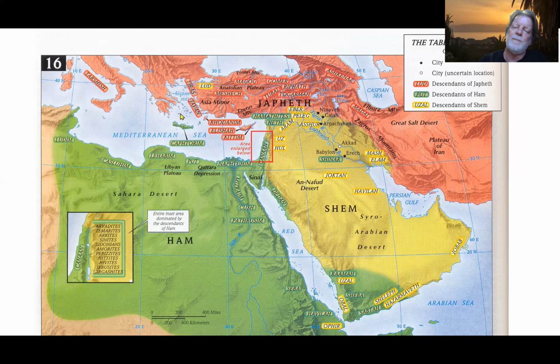And those are important for people who are familiar with chapters 37 and following of Ezekiel, because he describes a war that will take place in the last days called the War of Gog and Magog. And this is where the people of Gog and Magog will come from, Tubal, Meshach, and Magog. This is modern day Turkey.